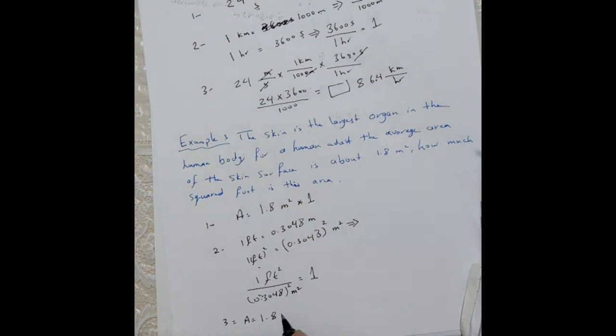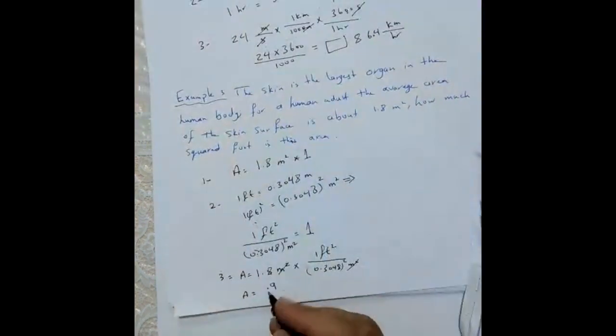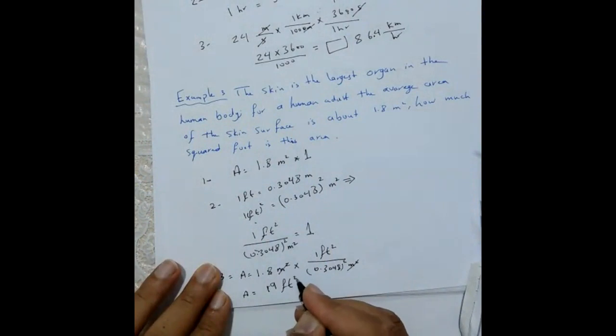So step 3, area will be equal to 1.8 meter square multiplied by 1 foot square over 0.3048 square meter square. Okay, meter square goes with the meter square, and 1.8 over 0.3048 squared, if you are using the calculator, you will find the answer, the right answer, will be equal to 19 foot square.